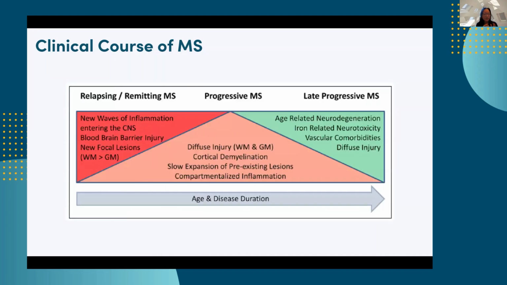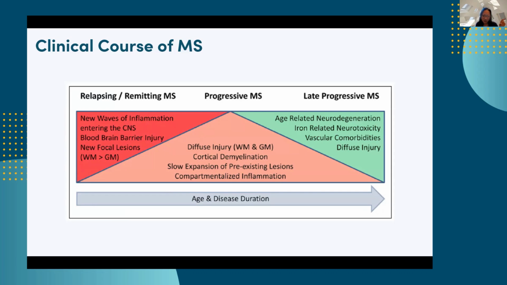So this is the idea that we're talking about. Again, it was because we were studying our patients, learning from large observational studies. And that red is what our best understanding of MS was at that time, right? That we would have these waves of inflammation, these immune cells would enter the CNS, the brain and spinal fluid space. They would cause injury to the blood-brain barrier.